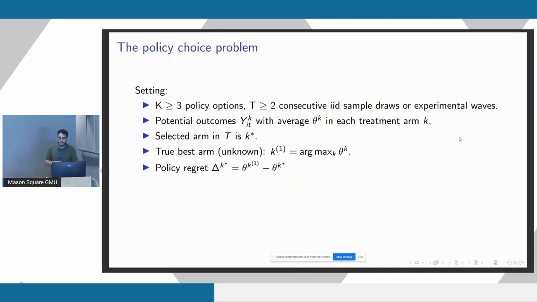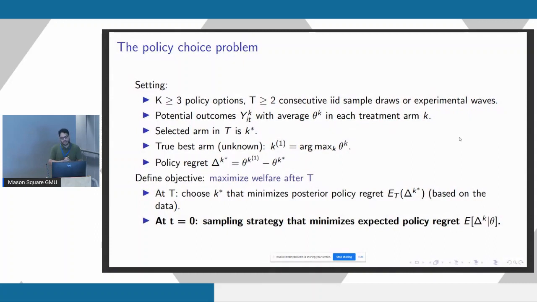We define policy regret as the difference between these two. We need to define an objective. And in this case, the objective that we are defining is that we would like to maximize welfare after the intervention. So after we've carried out the intervention, we are going to choose that treatment arm that minimizes the posterior policy regret.